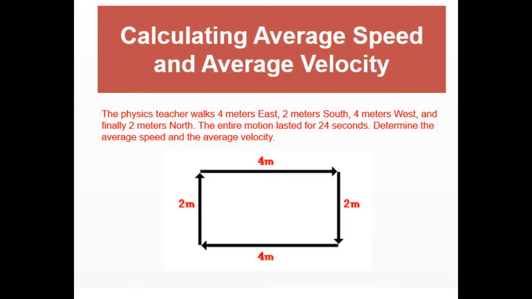The displacement is zero because the teacher goes back to her original position. Since there is no position change, 0 divided by the time, which is 24 seconds, is of course 0. So the velocity is 0 meters per second.